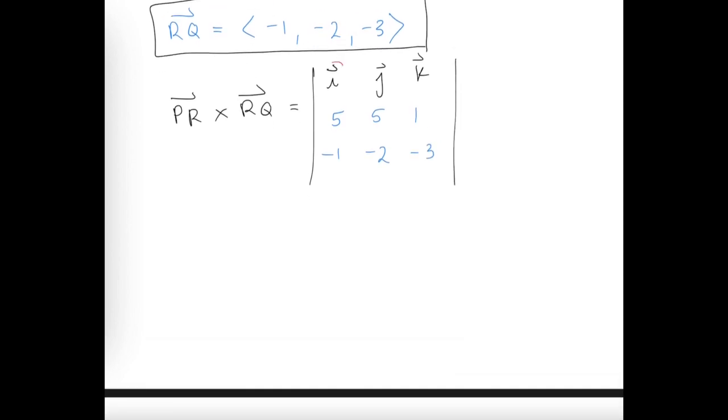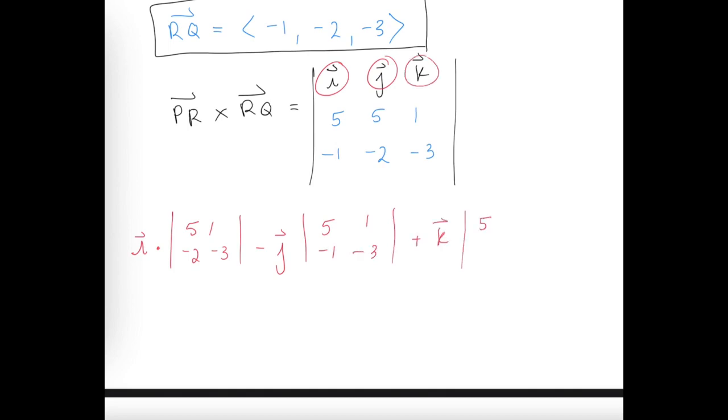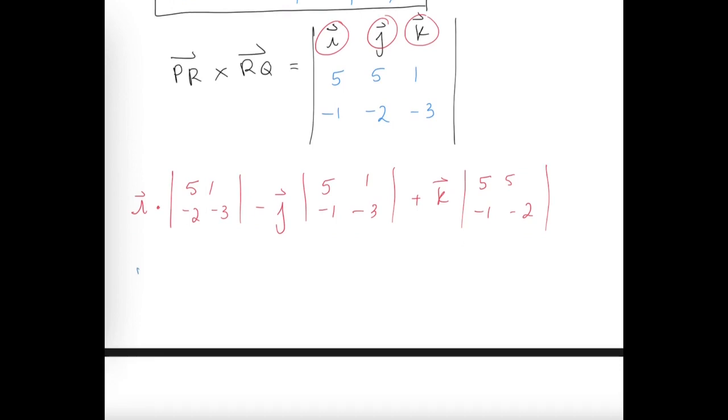We start with i, and we multiply that by the determinant of 5, 1, -2, -3, minus j, multiplied by the determinant of 5, 1, -1, -3, plus k, multiplied by the determinant of 5, 5, -1, -2.